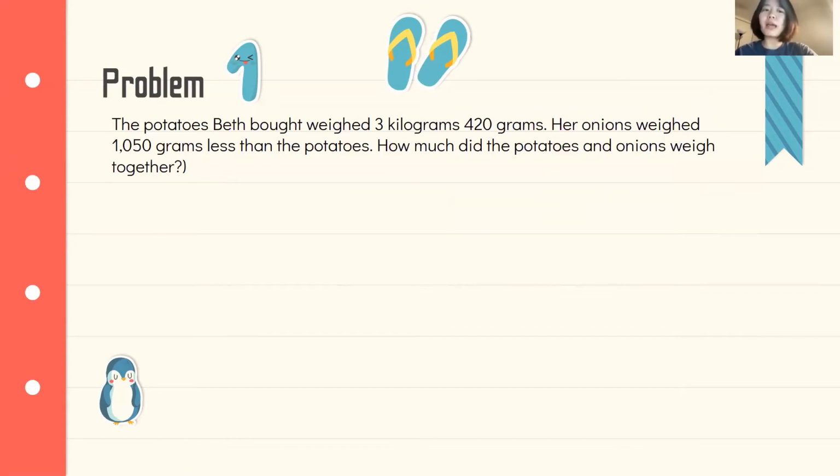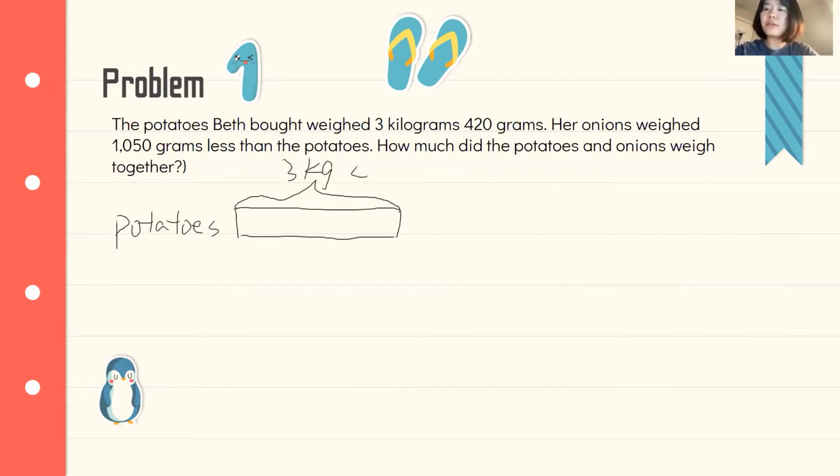For this problem, I know the potatoes Beth bought weighed 3 kilograms, 420 grams. So I will draw a diagram for Beth first, for the potatoes, and it weighs 3 kilograms, 420 grams. The second thing I know from the problem is her onions weighed 1,050 grams less than the potatoes.